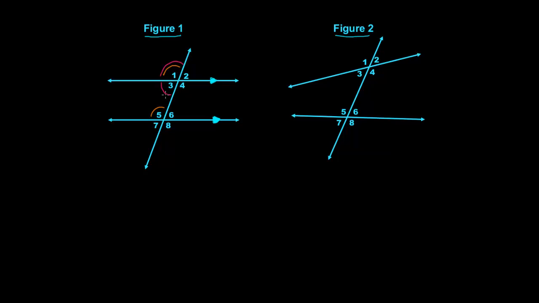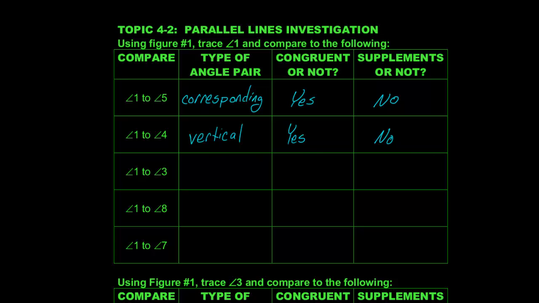They are adjacent, that is part of it, but it can go a little bit deeper than that. If they are adjacent and they add up and they're on the same line, they're going to add up to 180 degrees, then at that point, they are a linear pair. Linear pair.